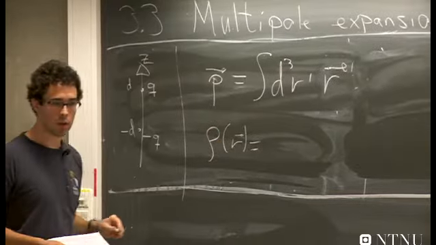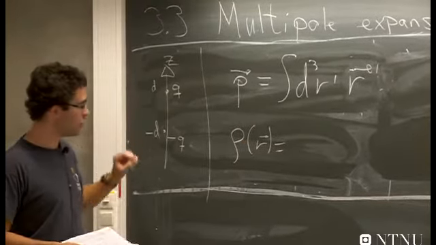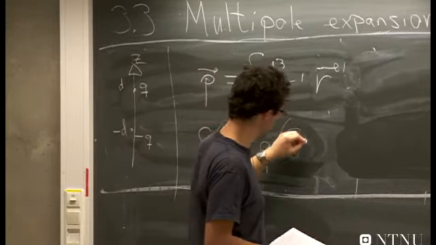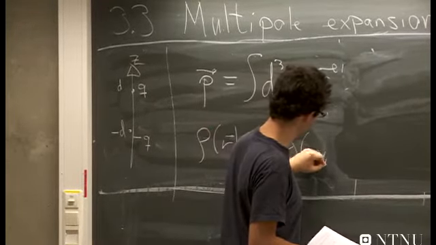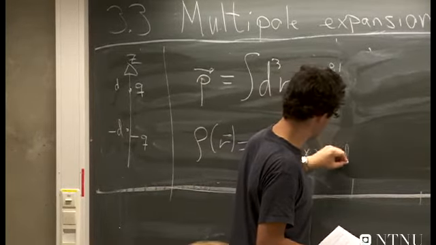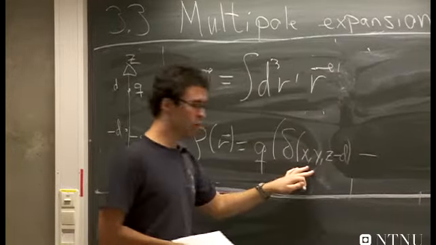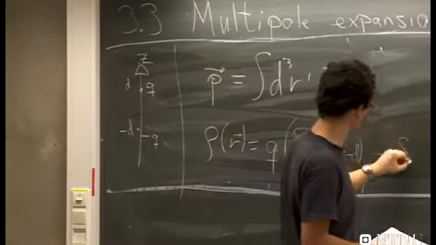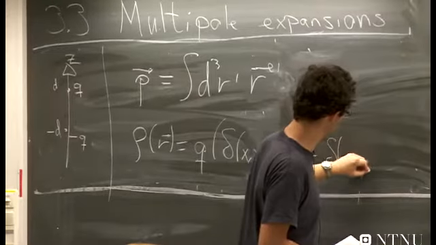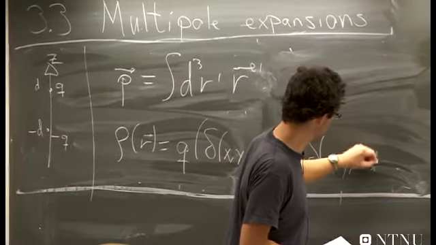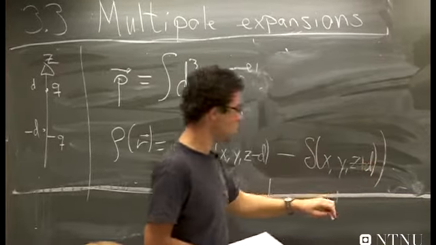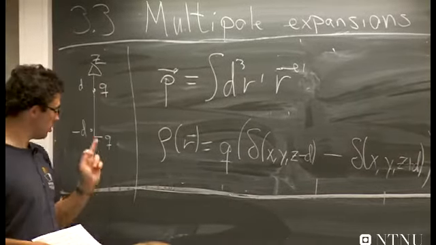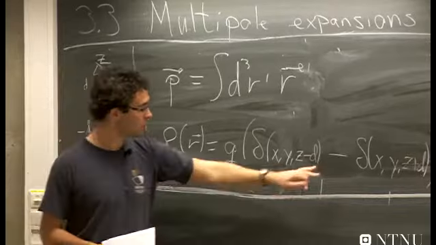Well, as these are point charges, I could put one delta function for each. There's one delta function with a positive sign for this one, and there's one for the minus charge down here. So that's a minus sign.